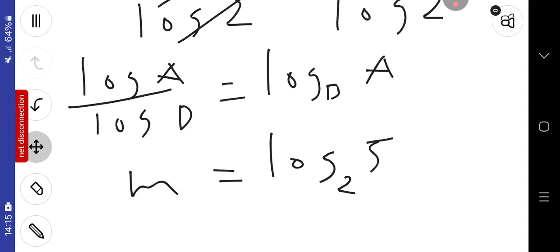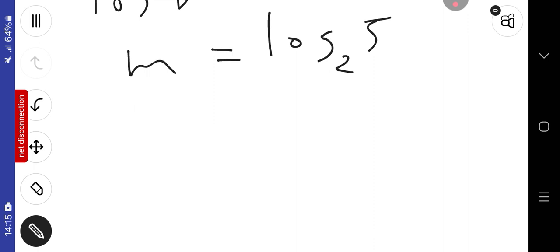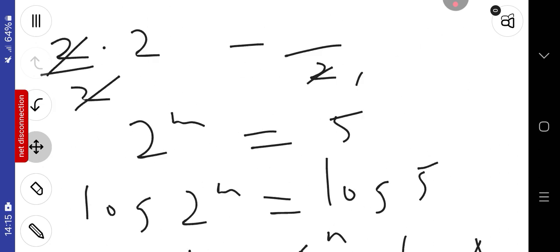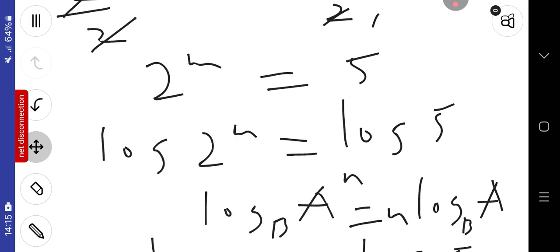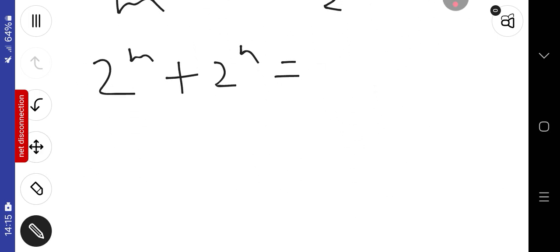Let's write our equations again. We know that 2 exponent m plus 2 exponent n is equal to 9. That is equation 1. So we are just recalling the previous equations.